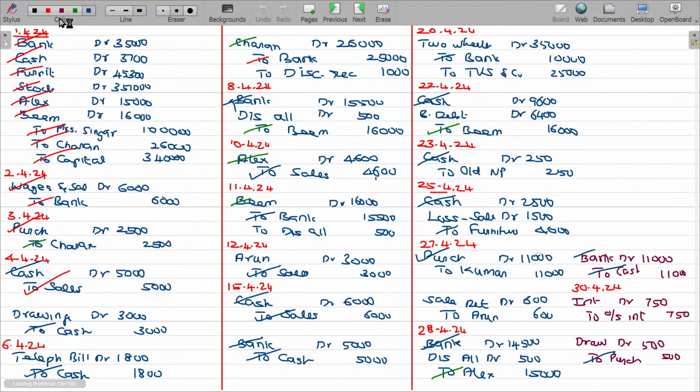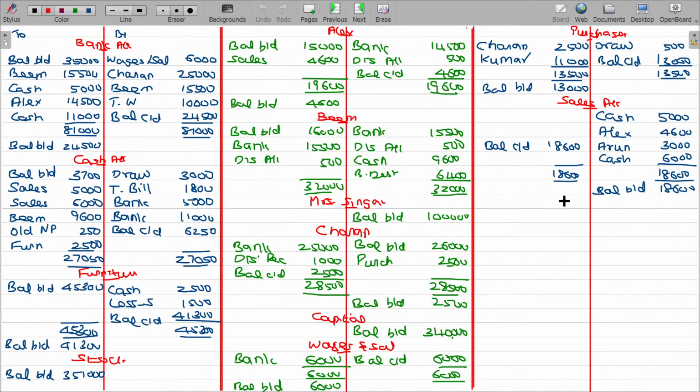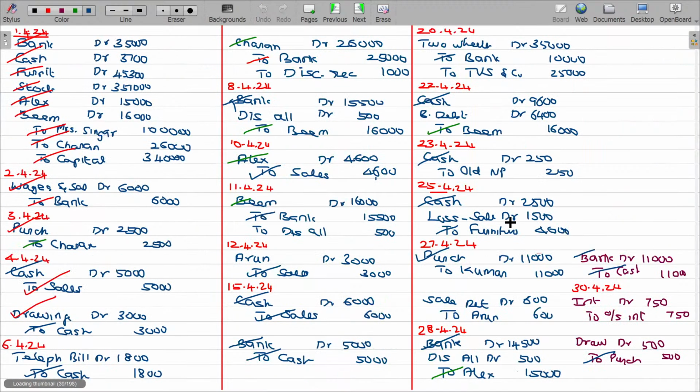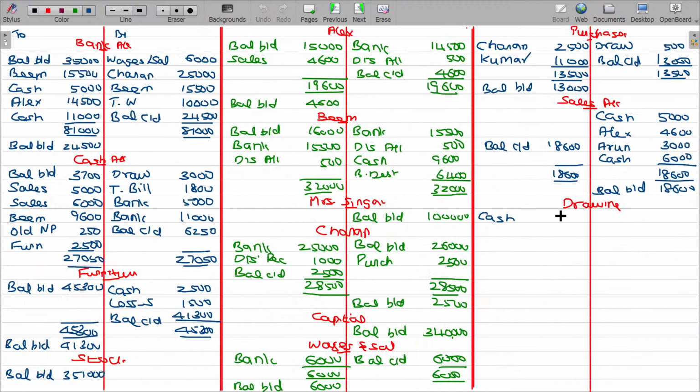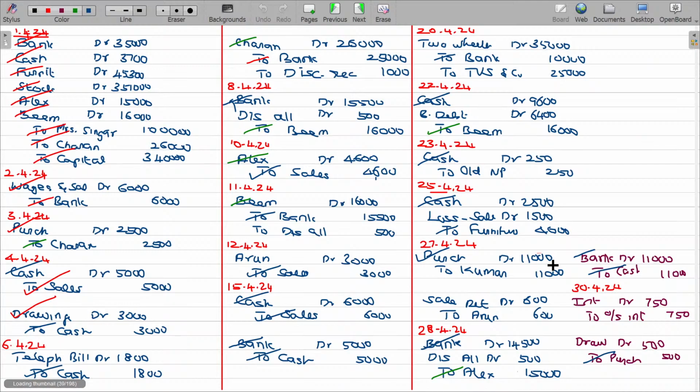Next we have drawings. To cash, the value being 3,000. Find out further drawings.